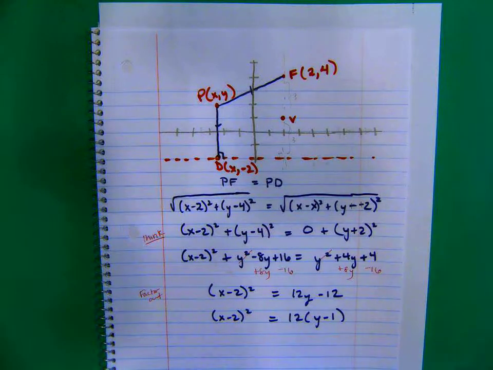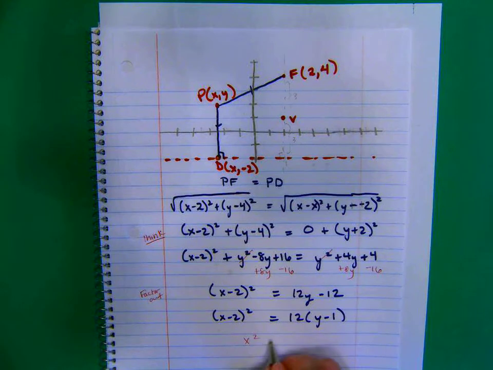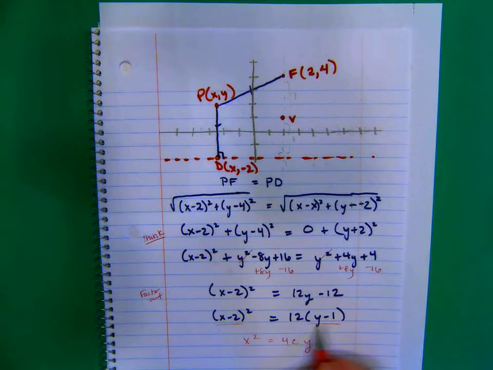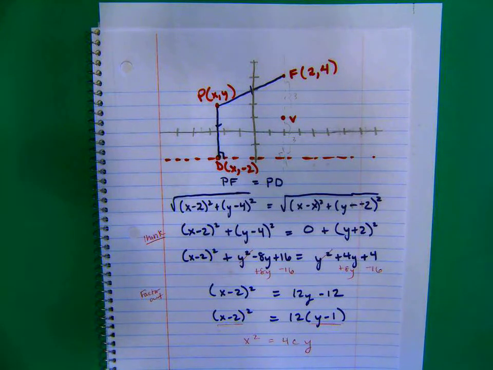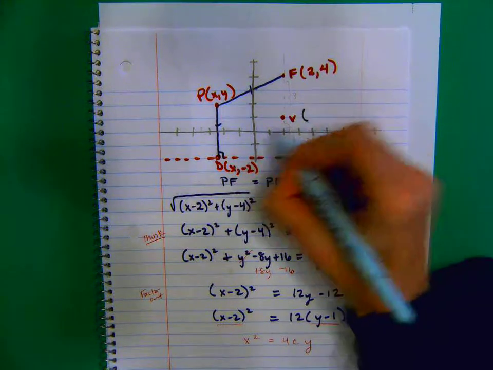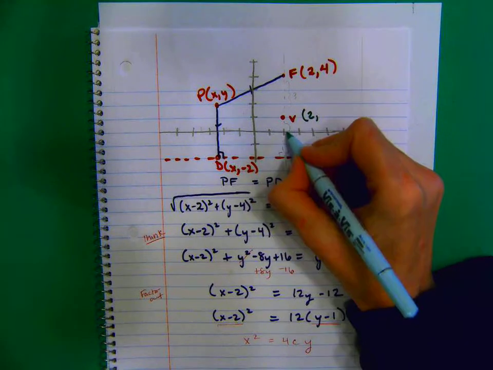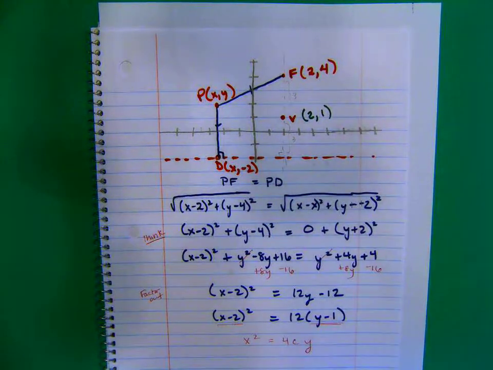Okay, what we have here now is really similar to the form that we had before. Before we had x squared equals 4cy, and now we just have a little bit of extra pieces. And what I want you to notice about that is our vertex in the original was over 2 up 1.